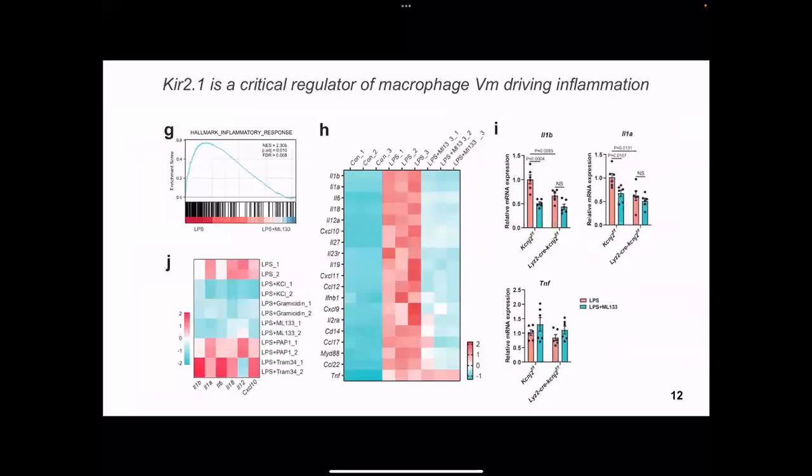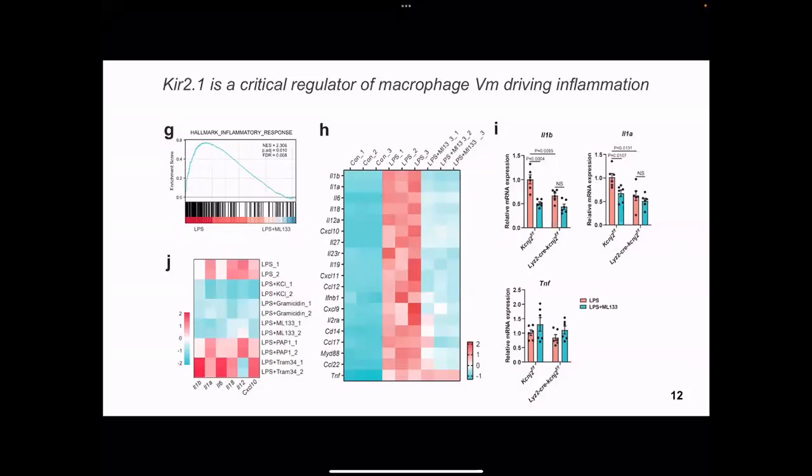Okay, because the major function of inflammatory macrophages is to elicit inflammation for host defense, we used GSEA of RNA-seq data from LPS-stimulated BMDMs and demonstrated a very striking enrichment of the inflammatory response after ML133 treatment. So this data just recapitulated the anti-inflammatory effect of the membrane potential depolarization by the above two strategies in macrophages.